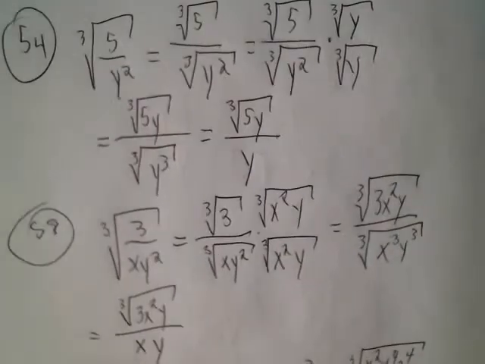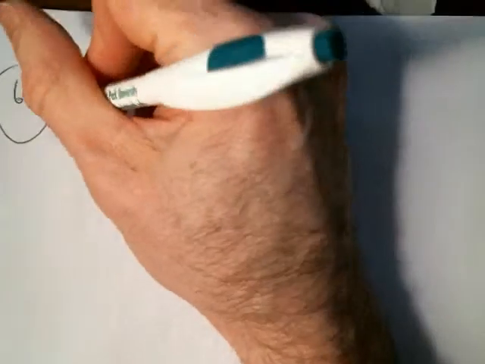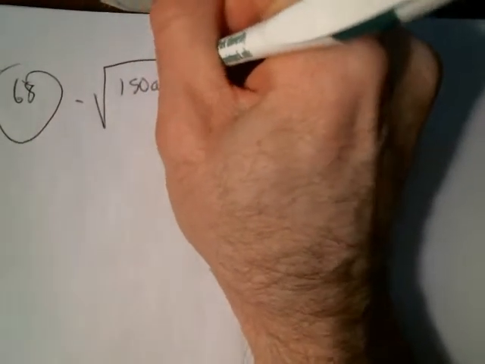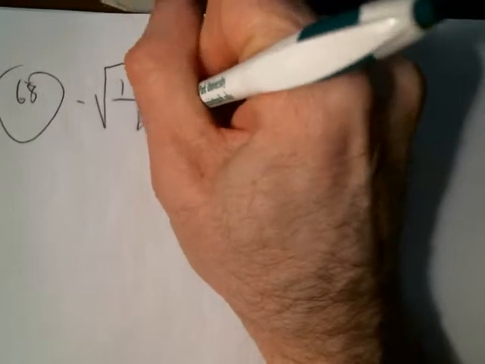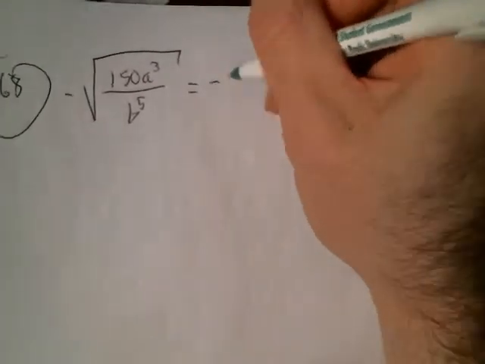Let's look at 68. We have negative square root 150 a cubed all over b to the 5th. So you need to split this.